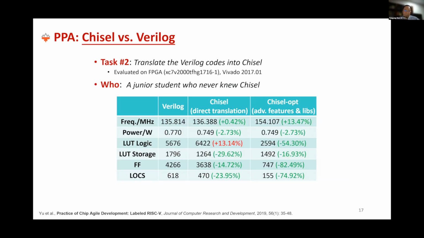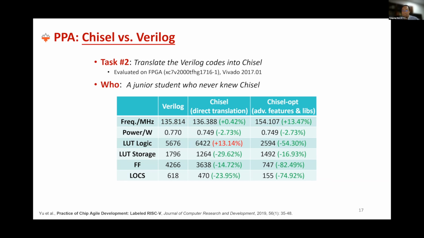The first column is the PPA of the Verilog code written by the engineer, and the third column is the direct translation from Verilog into Chisel. We can see that the frequency is already better than the Verilog version, and only the LUT logic is slightly more than the Verilog code.